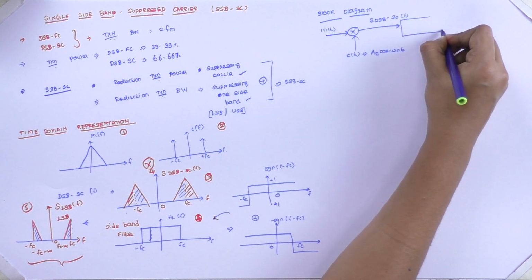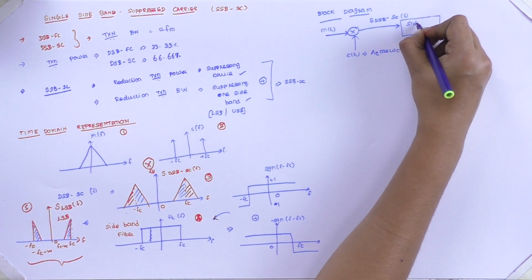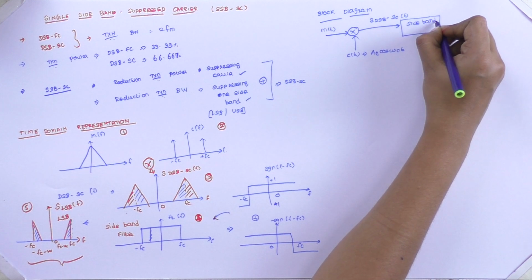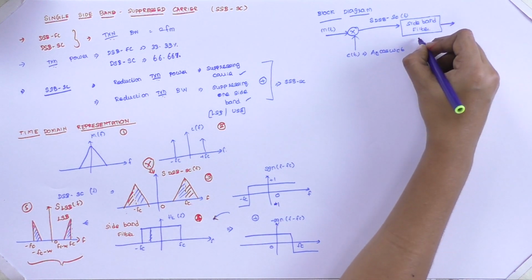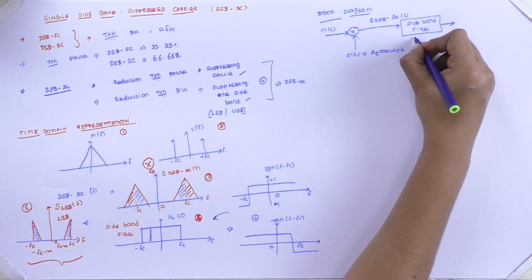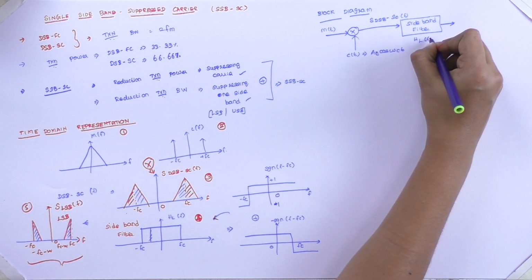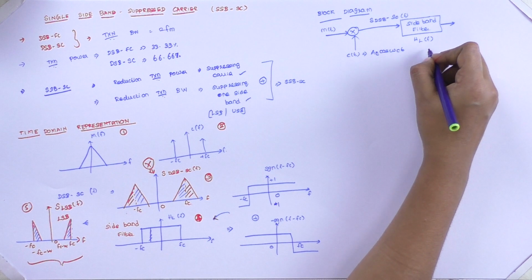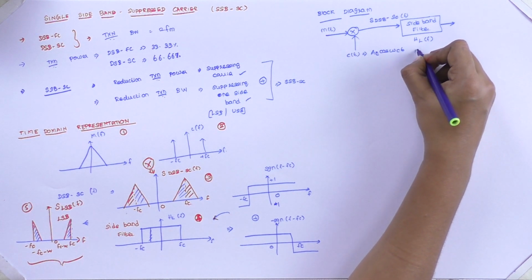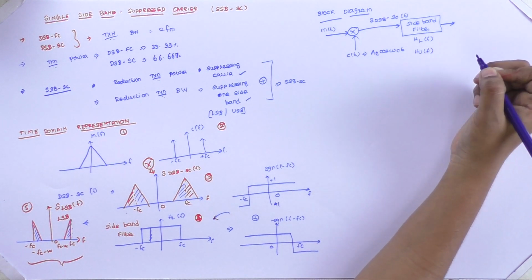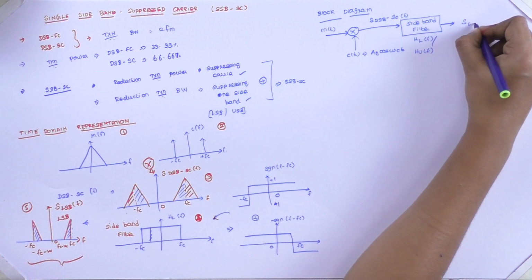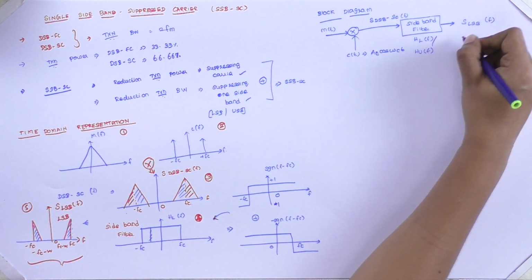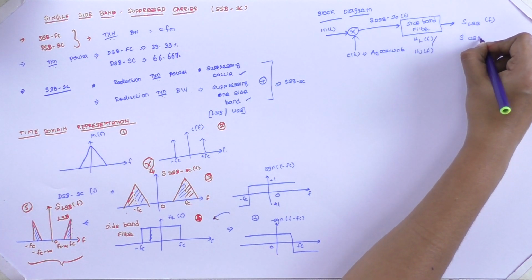When passing this to the sideband filter, here the ideal filter, we have chosen the passband to filter out only the lower sideband. If it is for the upper sideband, we have to use HU of F as the transfer function, and according to that we will get either the lower sideband waveform or the upper sideband waveform.